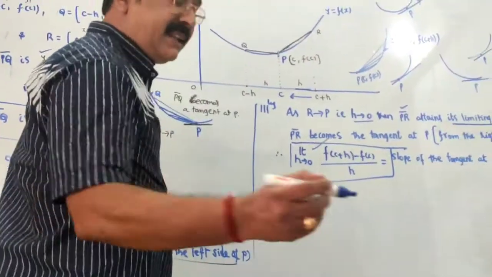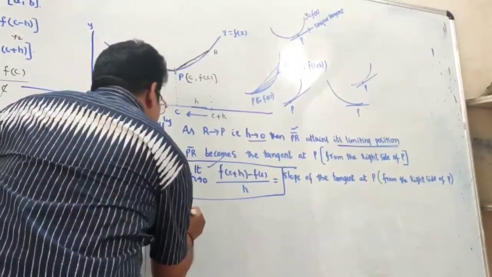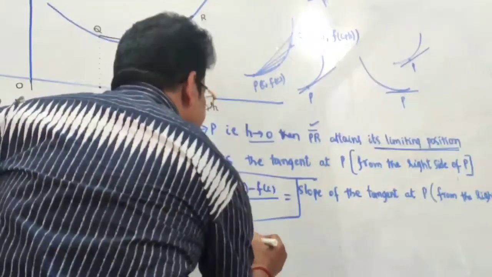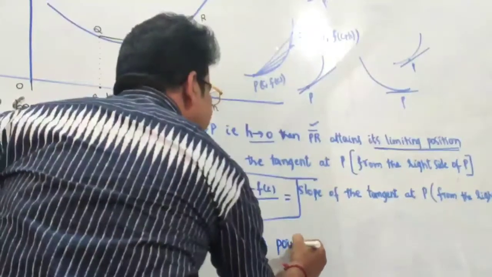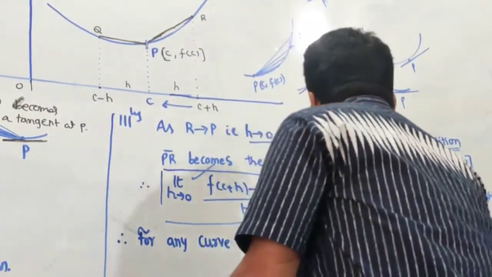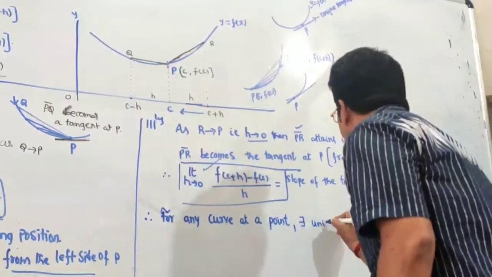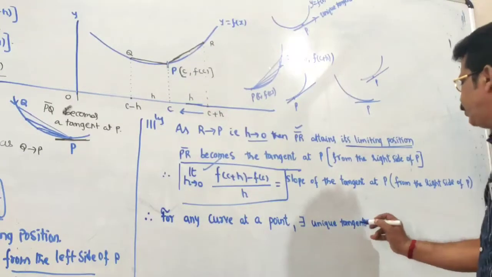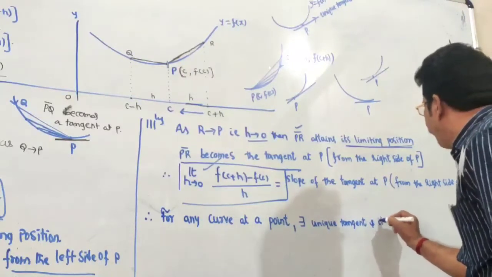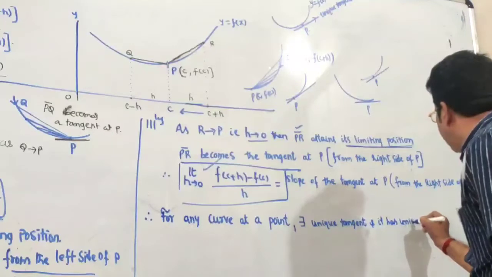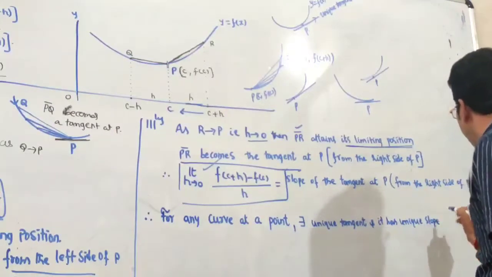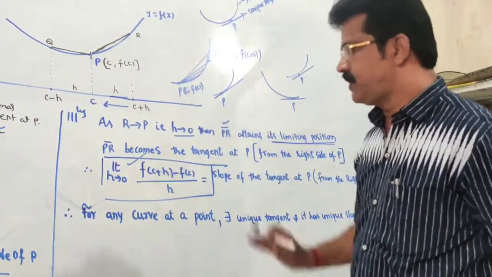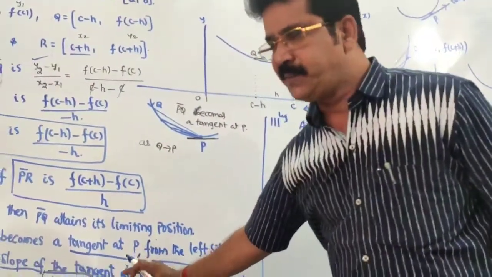So what I am telling is that for any curve, at one point there exists a unique tangent, and it has a unique slope, if this value exists, if it is possible to find this value.